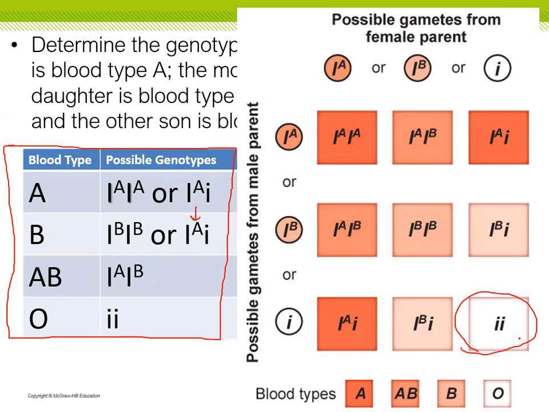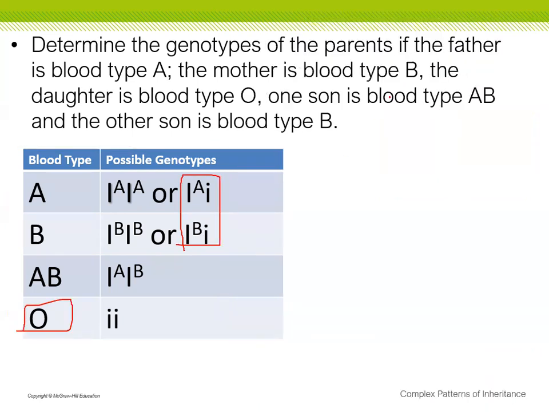So again, I can only get O type from having a recessive gene from both parents, which means both these parents have to carry that. So that is my clue number one. My second clue is that the other kids are A B, and B, which means that they carry both an A and a B. So they have to have these two genes here. If we have a child with O type, that means they cannot have this.